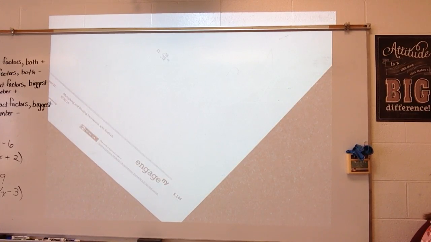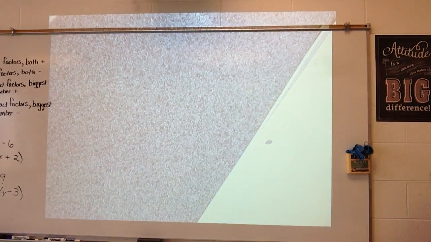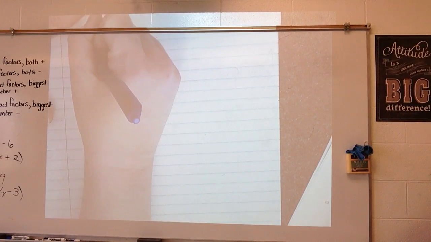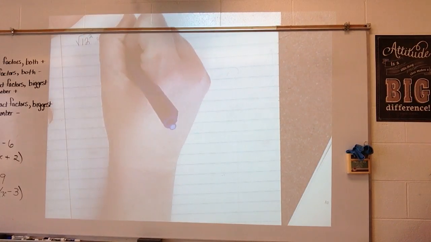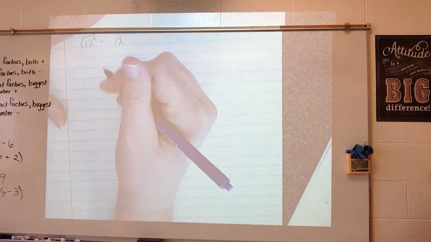So let's think about this. For example, let me get a sheet of paper here. If I am taking the square root of 12 squared, that would be 12 for any positive squared number. Alright? Now, here's something else that I can see.